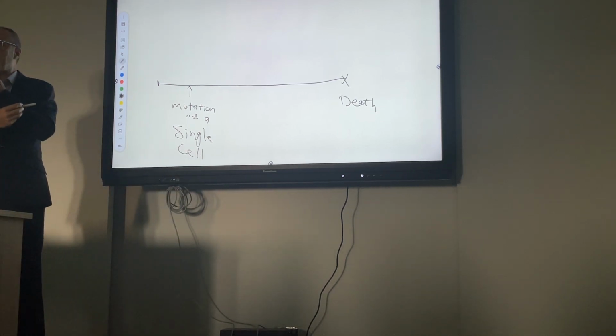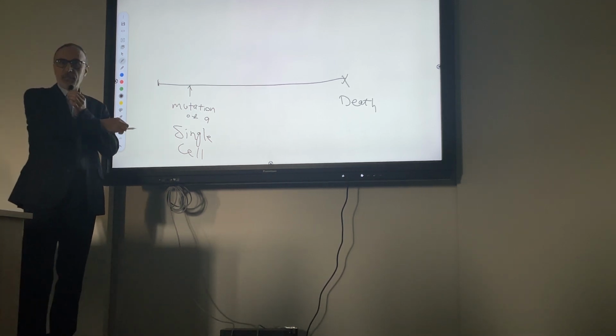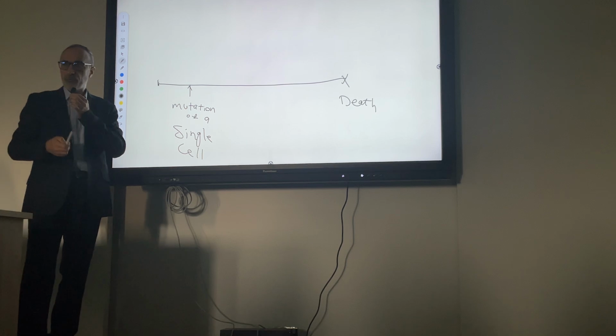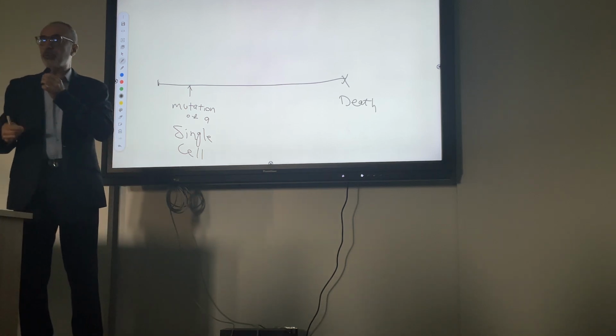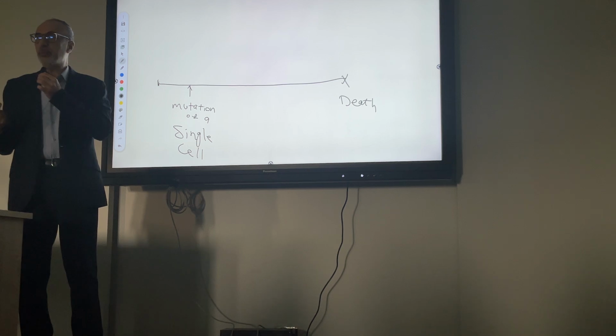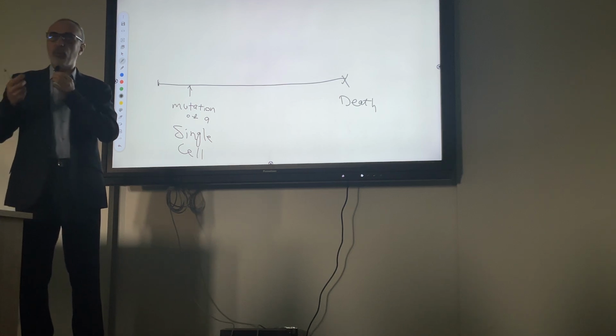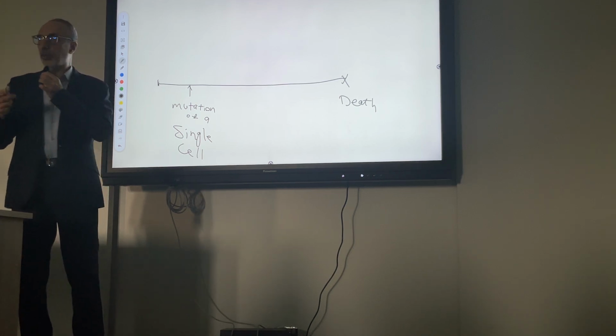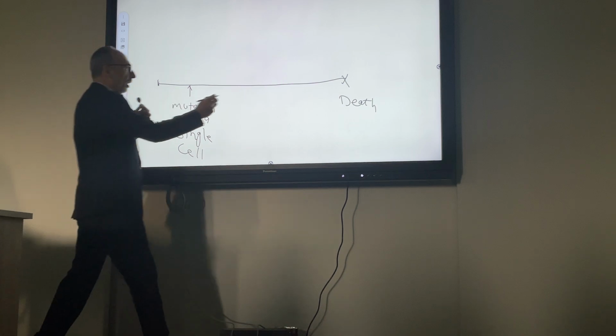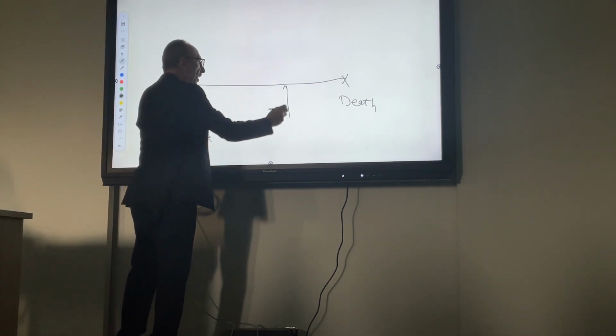Does this mutation have any signs or symptoms? No. Can we detect this mutation? No. Because for detection, this cell should multiply, should produce a mass, and this mass should be large enough to be detectable by, for example, physical examination or by mammography or by ultrasonography. This is the presence of signs and symptoms.